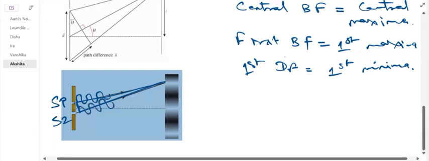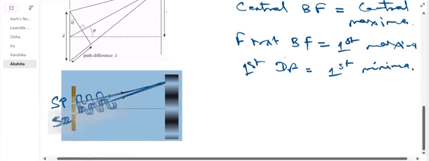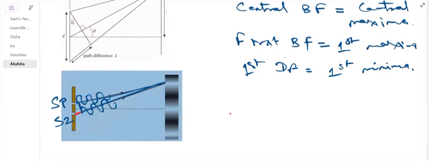And this much amount has been traveled a little bit longer. So for the first bright fringe, always remember there is one wave difference between the two waves, wave 1 and wave 2.